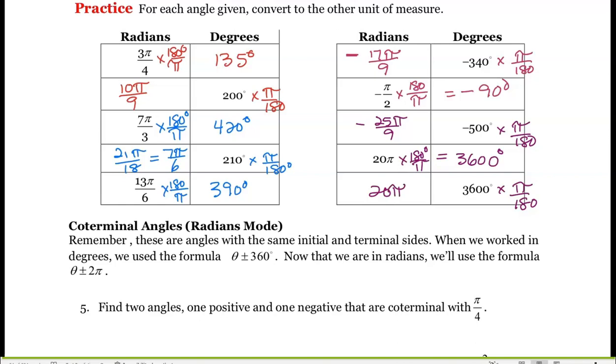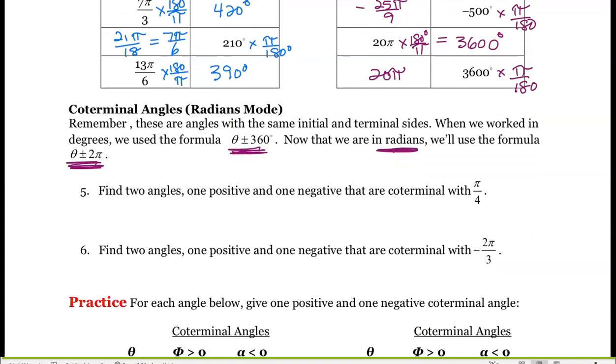Okay? All right, coterminal angles, same idea. Remember, we did plus and minus 360? Well, guess what we're going to do this time? Plus and minus 2 pi. Because 2 pi and 360 are the same. If we want it in radians, we've got to use plus and minus 2 pi. So find two angles, one positive and one negative, that are coterminal with pi over 4.